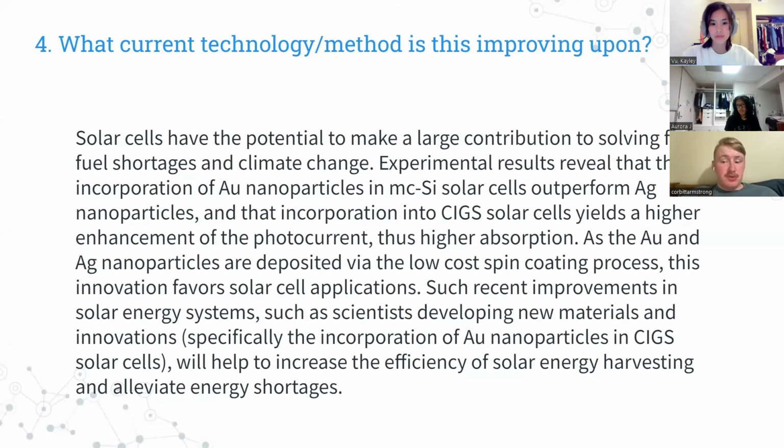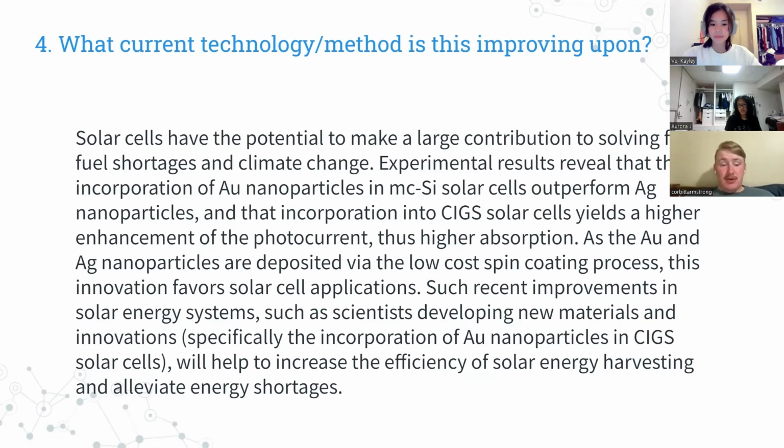But experimental results reveal that the incorporation of gold nanoparticles in MC silicon solar cells outperforms silver nanoparticles, and that incorporation into CIGS solar cells yields a higher enhancement of the photocurrent and thus higher absorption, which just makes those solar cells even more efficient and effective at bringing in the renewable solar energy.